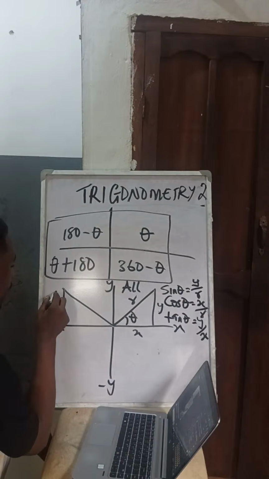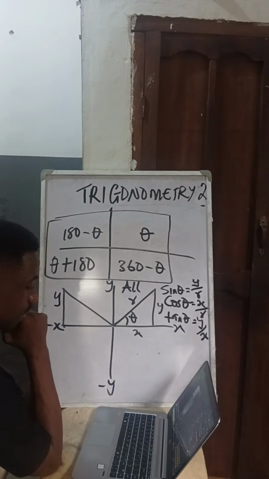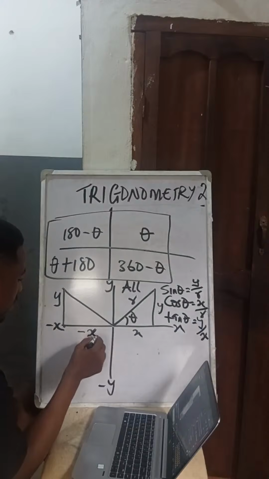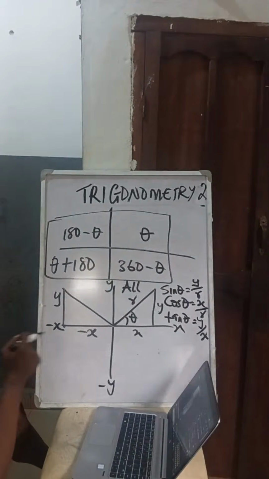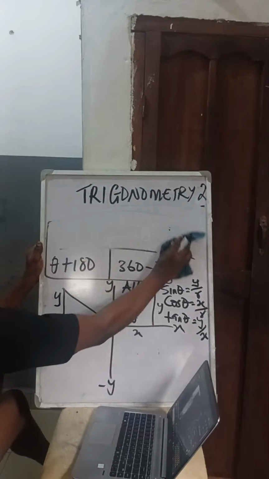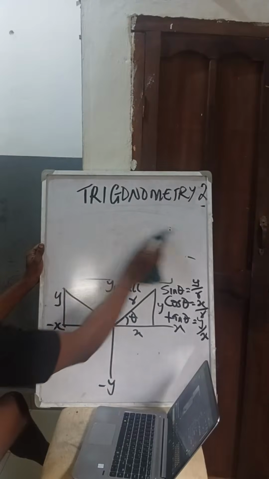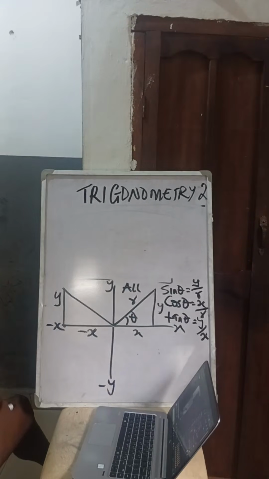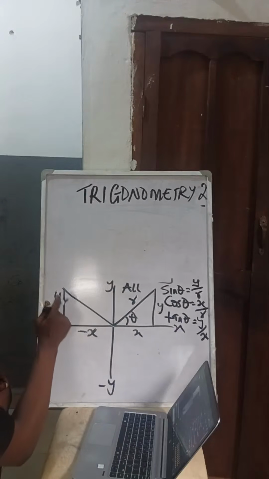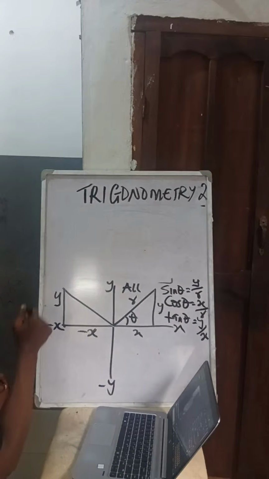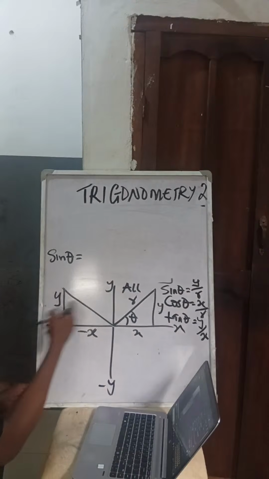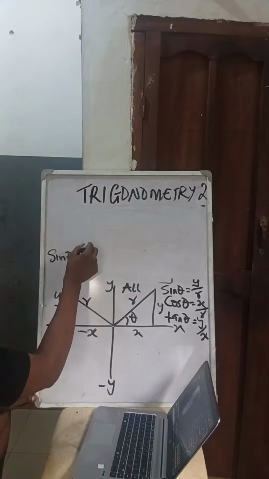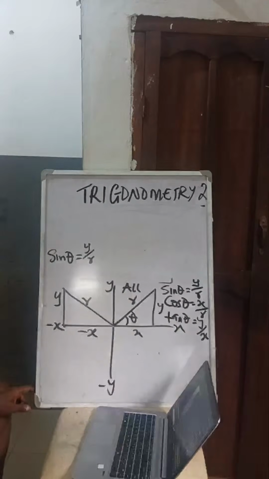Here, y is positive, but x is what? Negative. That means sine theta is equal to y over r.